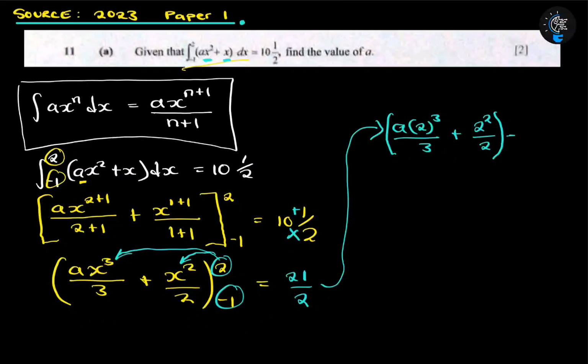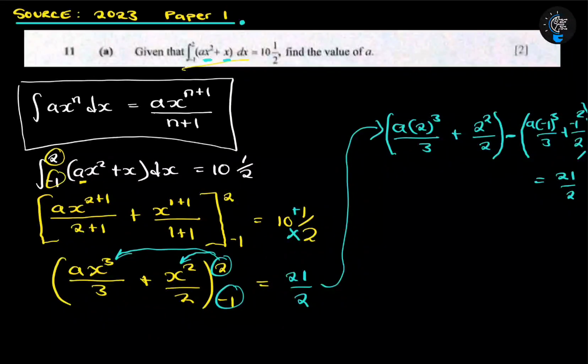Don't forget to put a minus. So we say minus the evaluation of the lower limit: open negative 1 to the power 3 divided by 3 plus negative 1 squared divided by 2. You can close it, and that must be equal to 21 divided by 2.